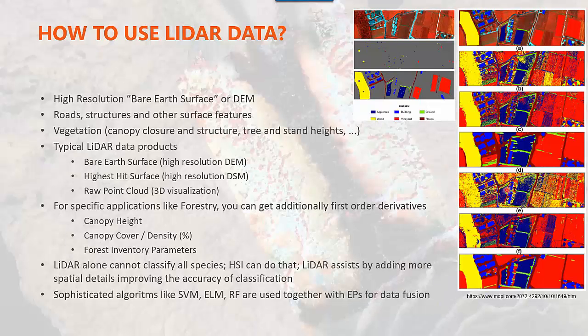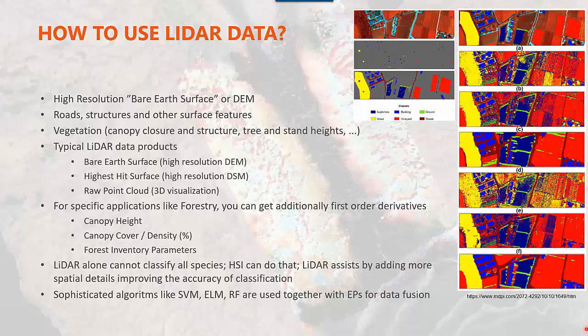So how is LiDAR data used? A high-resolution bare earth surface, or DEM, is one of the most typical ones. You can have roads, structures, and other surface features included. In vegetation applications, you get the canopy closure and structure and tree and stand heights.